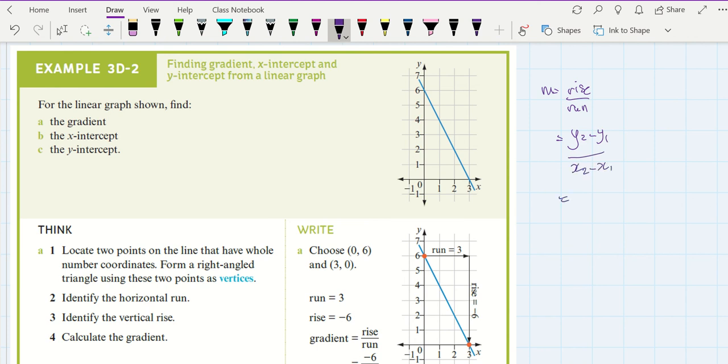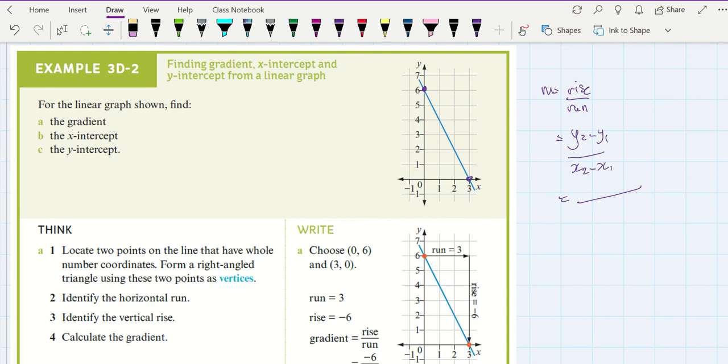And let's substitute them in. I'm going to be nice and lazy. If I can do this on the line and get some zero values, it's going to make it easier for me. I'd be looking for points where it just crosses the line nicely.